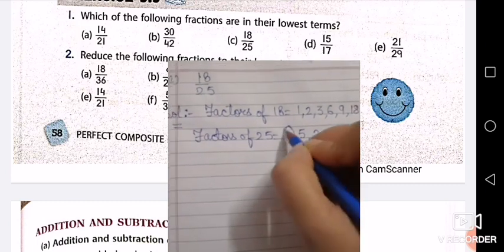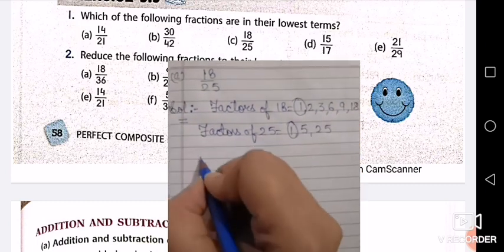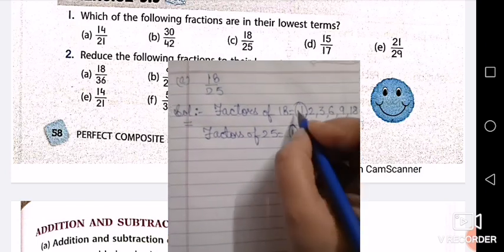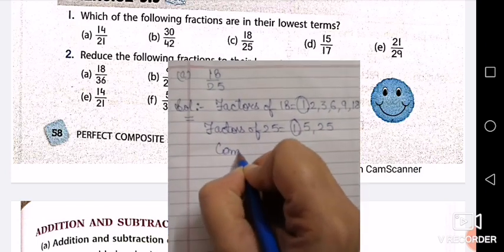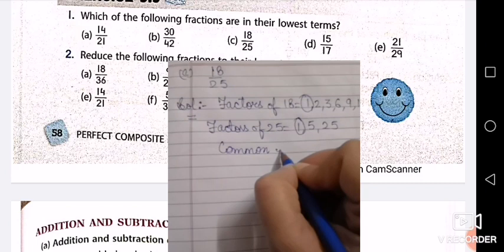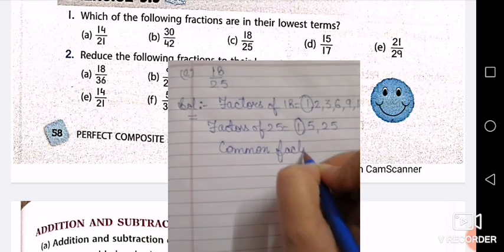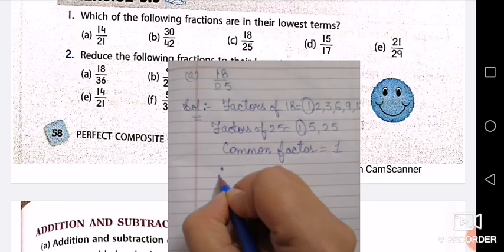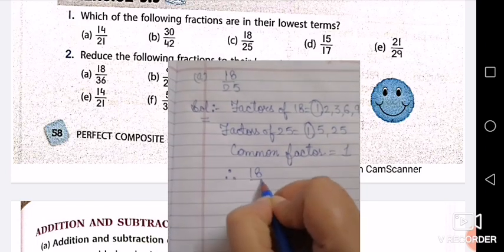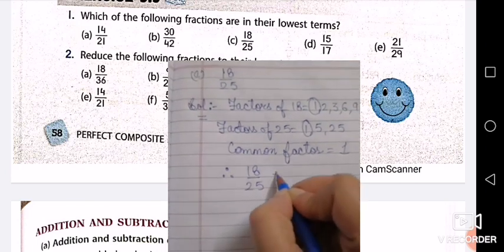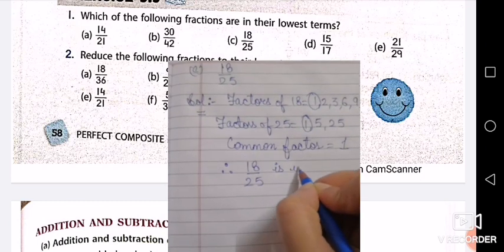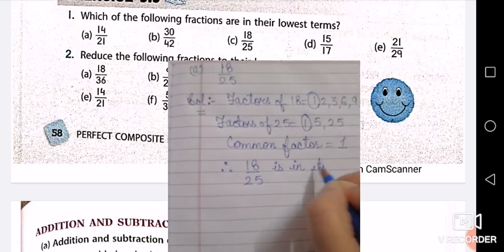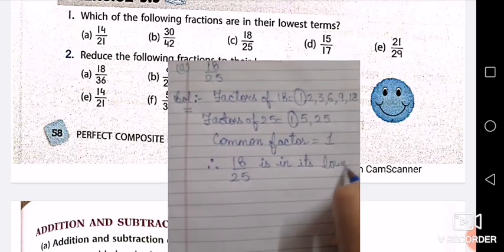So what is common here? 1. Therefore, here the common factor is only 1. Common factor is 1. Therefore, 18 by 25 is in its lowest term.